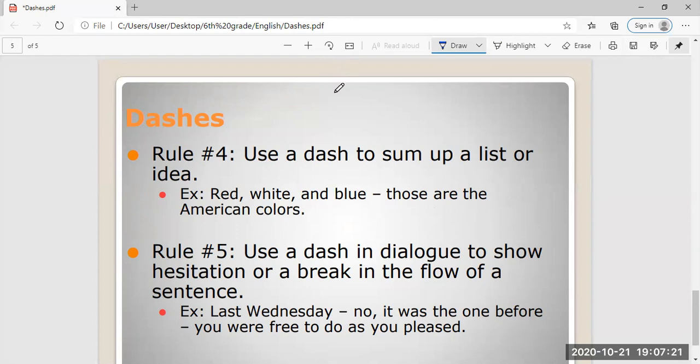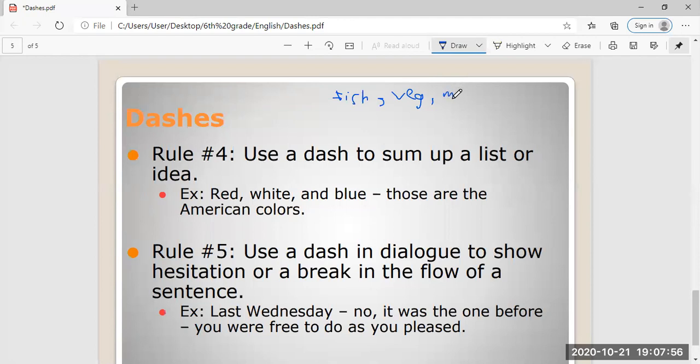For example: fish, vegetables, and meat.